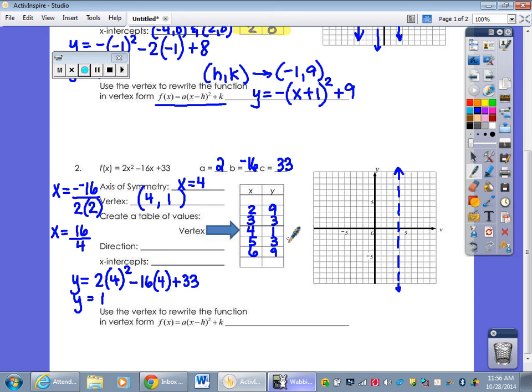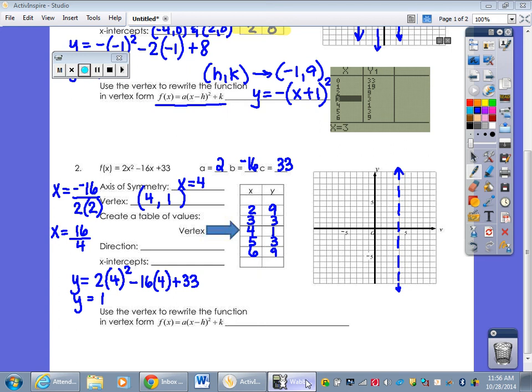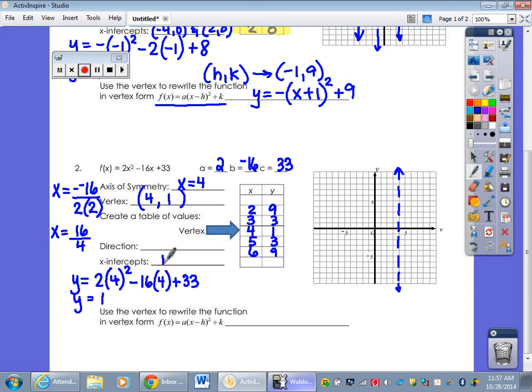Okay, and then what are our zeros? Do we have any zeros? Let's see. Don't look like we have any. Yeah, because when we graph this, it's above the x-axis, so it never crosses. So there are no intercepts, and it opens up.